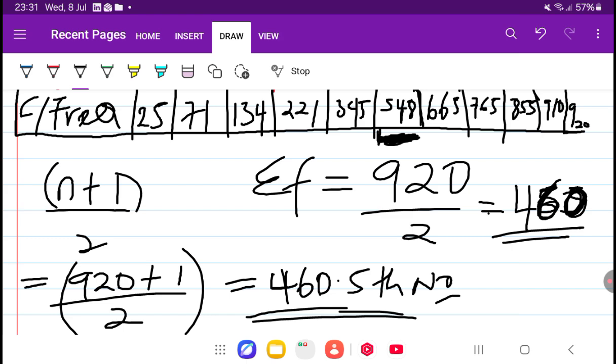Its equivalent in the cumulative frequency is 548. So this 548, it corresponds to which value?